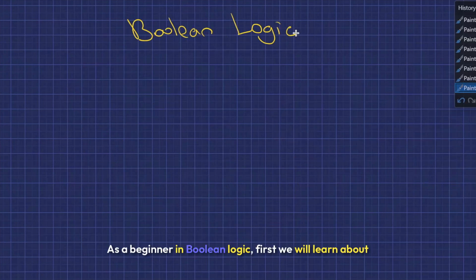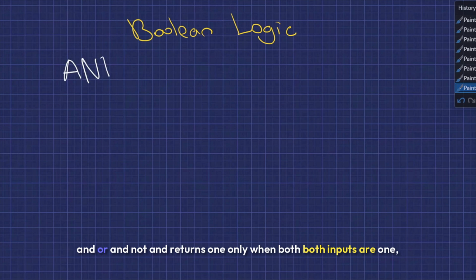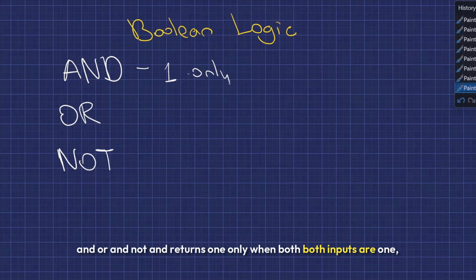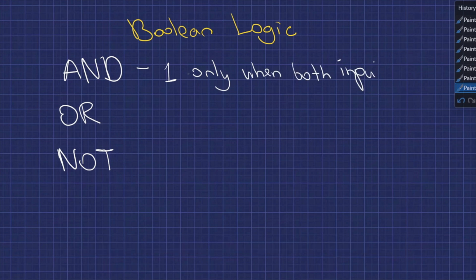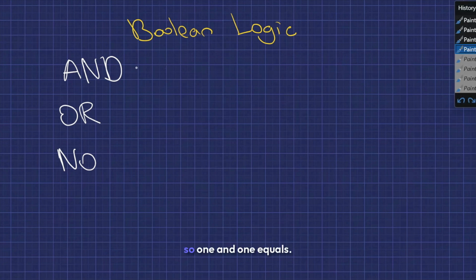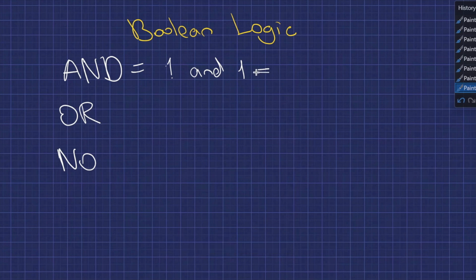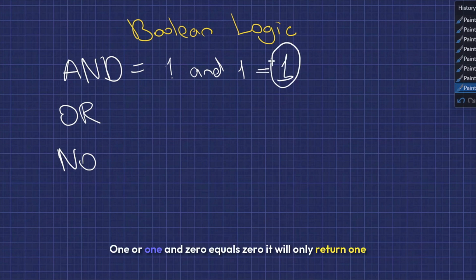As a beginner in Boolean logic, first we will learn about AND, OR, and NOT. AND returns 1 only when both inputs are 1. So 1 and 1 equals 1, but 1 and 0 equals 0.